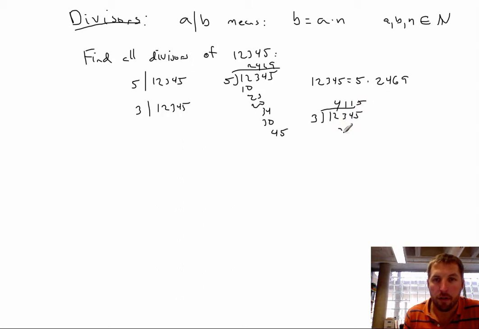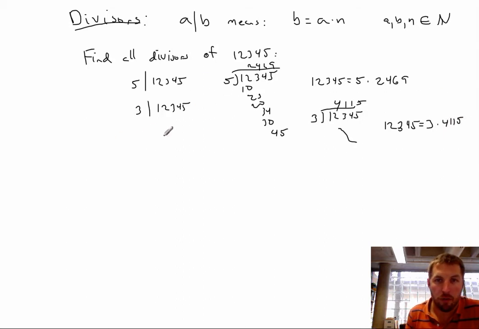I did this in my head down here. So that's 12345 is equal to 3 times 4115.